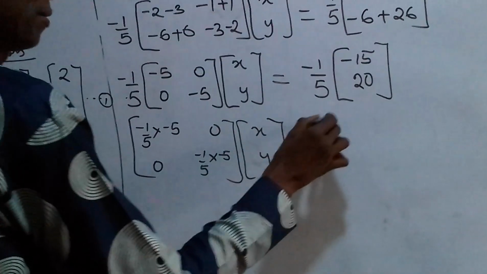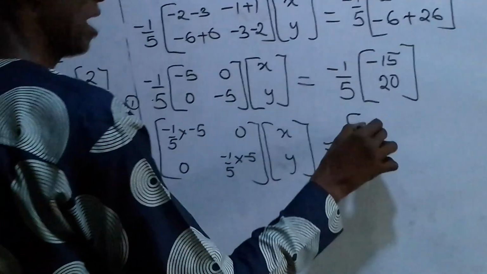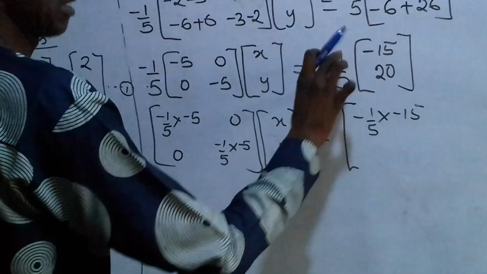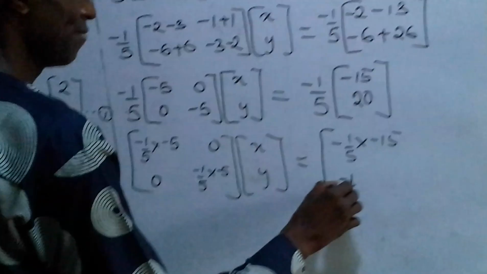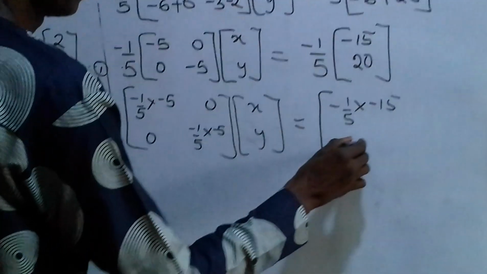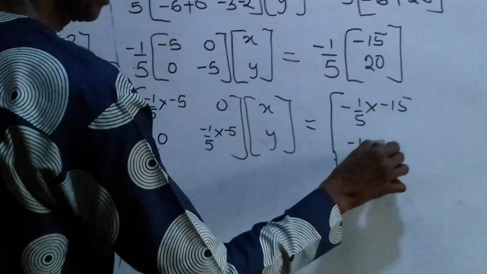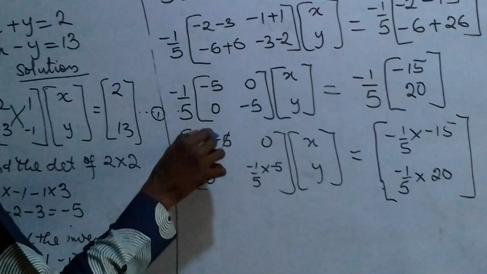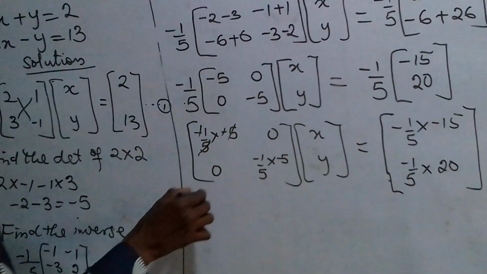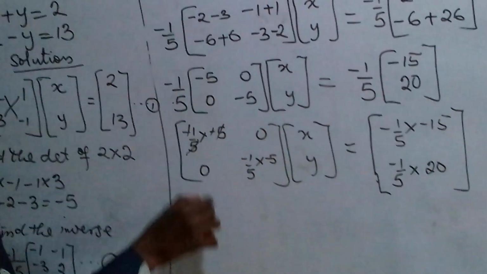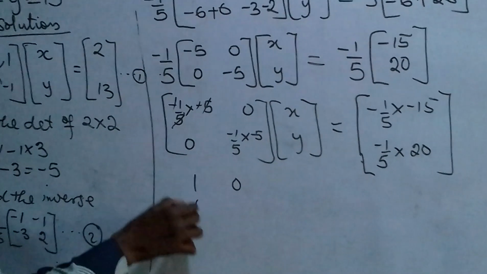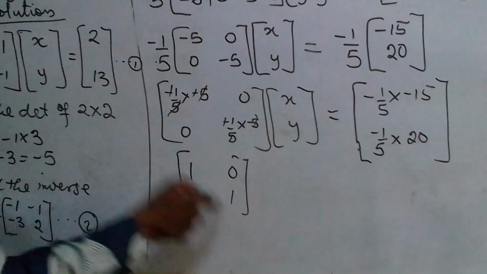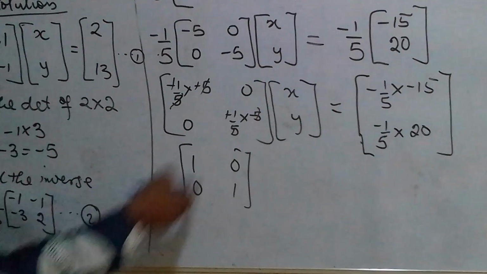Here will be minus 1 over 5 times minus 15, and minus 1 over 5 times 20. Now, when this cancels this, it gives us 1. Here will give us 1, 0, 0, and the same thing here, 1. This is what we call the identity matrix. The diagonal is 1, 1 and the rest are 0.